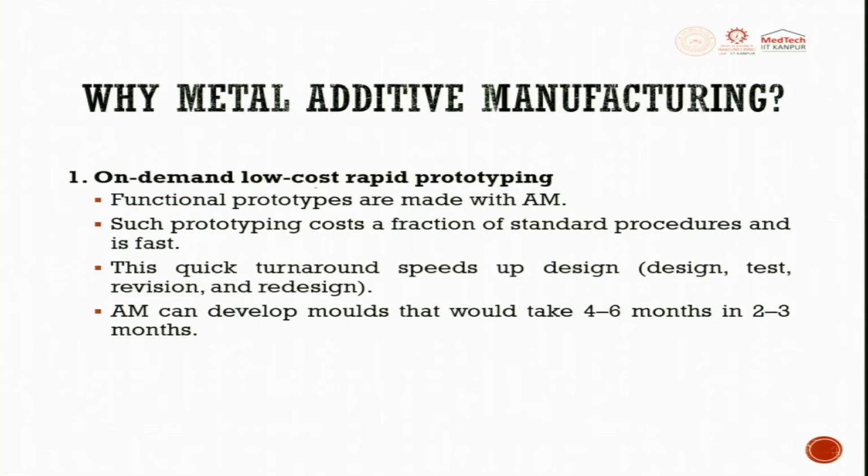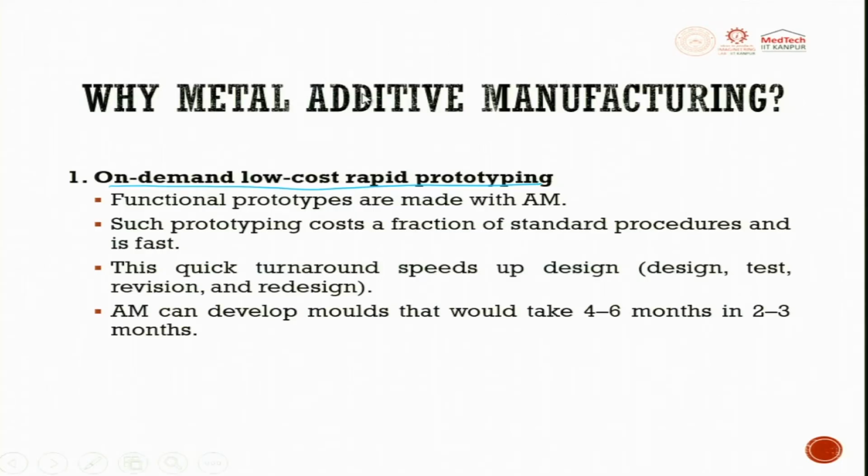So, on demand low cost rapid prototyping: functional prototypes are made with additive manufacturing. Such a prototype costs a fraction of the standard procedure and is fast. This quick turnaround speeds up design, testing, revision, redesign, all these things can happen. So, on demand low cost rapid prototyping is possible.